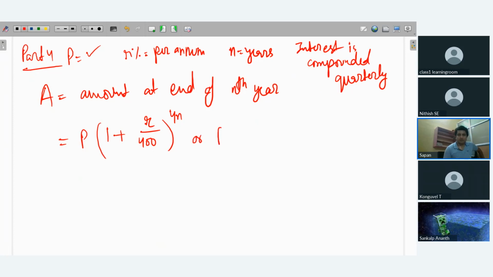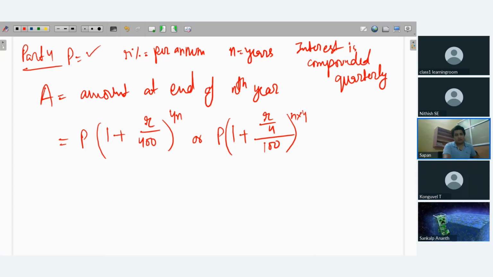Or for a better understanding, quarterly, 1 plus r by 4 divided by 100, that is r by 400, to the power n into 4. This is also the principal amount for the (n plus 1)th year. Any questions? No doubt, sir.